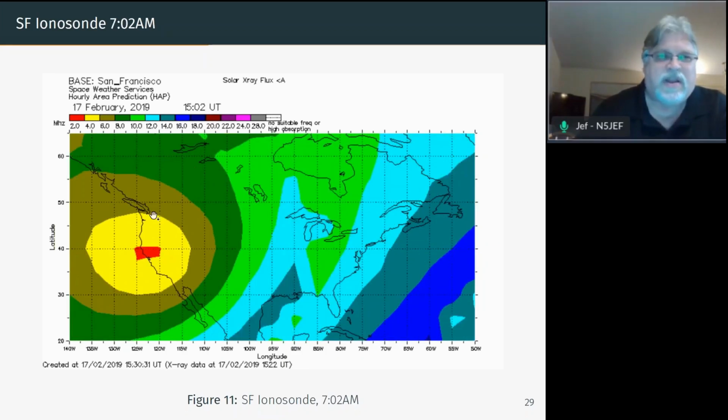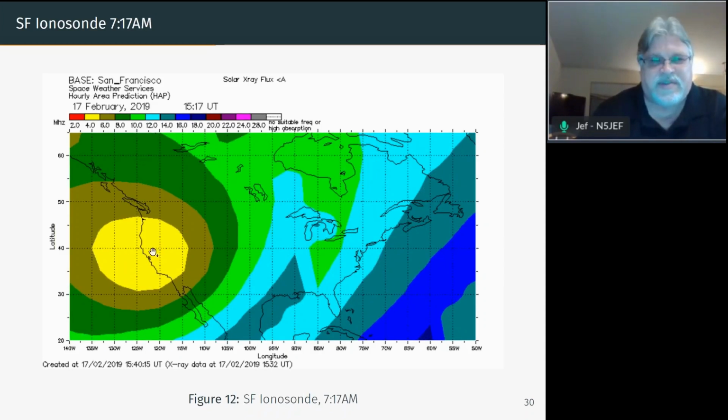A little less than an hour later, 7 o'clock, the red spot is getting much smaller. 80 meters is now strong. 7:17, 80 meters is the place to be. And at that point, if you look at the chart up here, it's yellow, but you don't know if that's 4 megahertz, 5 megahertz.